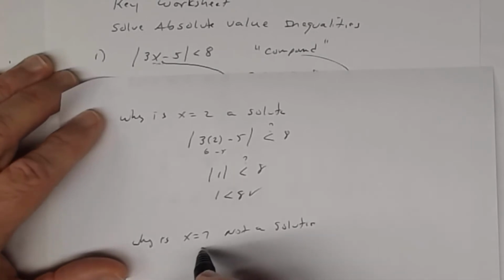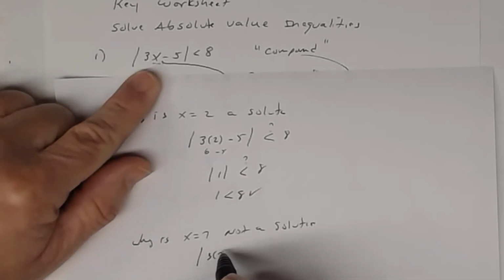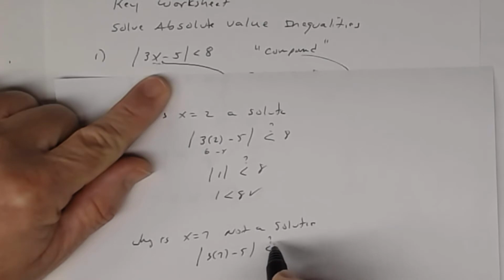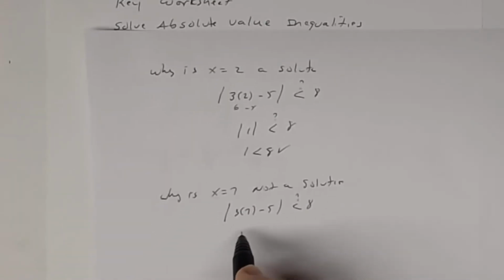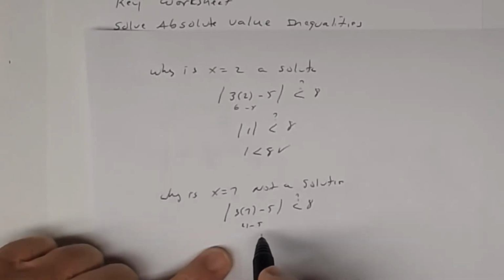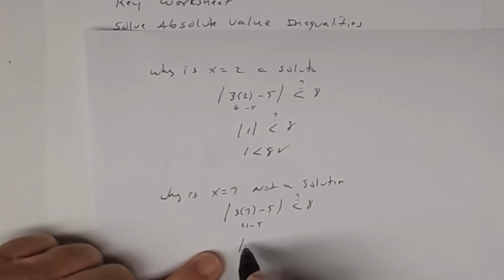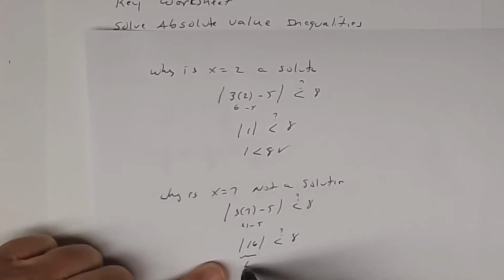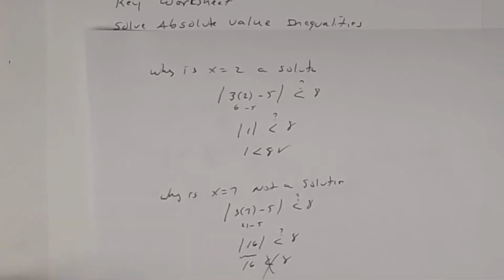So watch. The absolute value of 3 times 7 minus 5, and you want to see if that's less than 8. Well, 3 times 7 is 21, and 21 minus 5 is 16. The absolute value of 16 is 16, and 16 is not less than 8. So that's why it's not a solution.